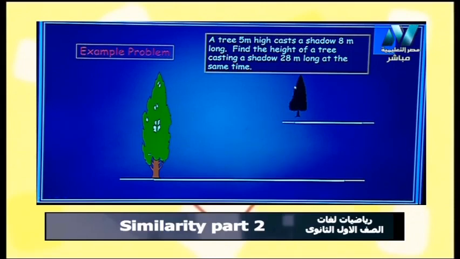This small tree has a height of 5 meters and makes a shadow of 8 meters. And this big one, its height equals h, and makes a shadow of 28 meters at the same time.